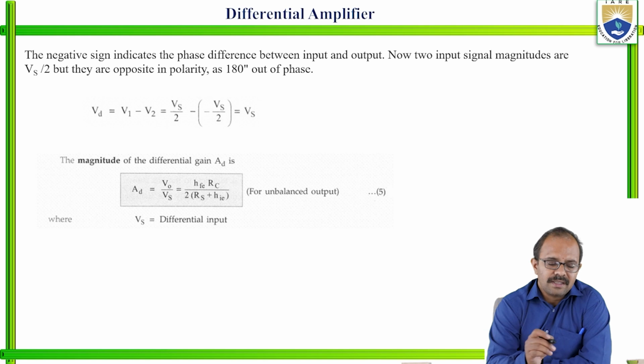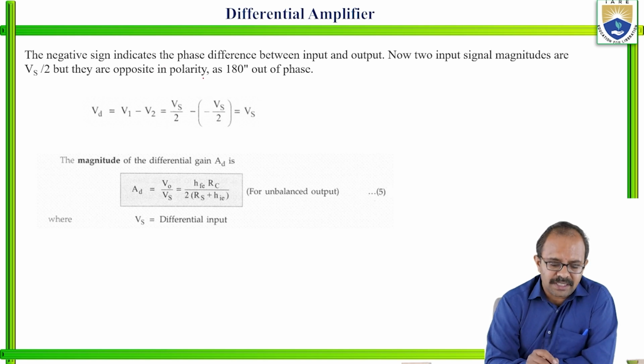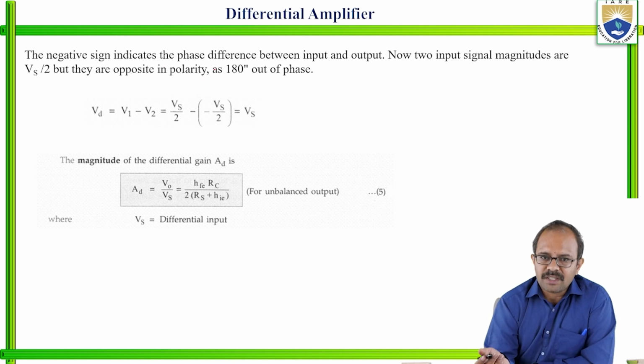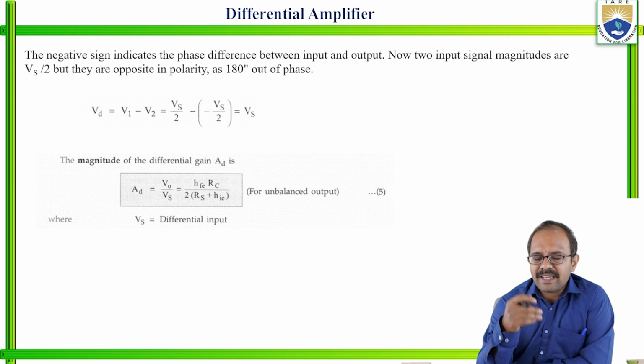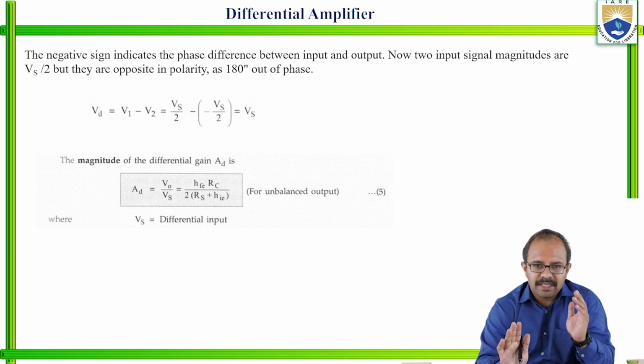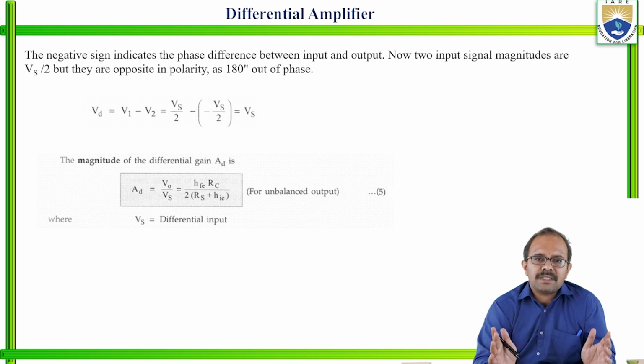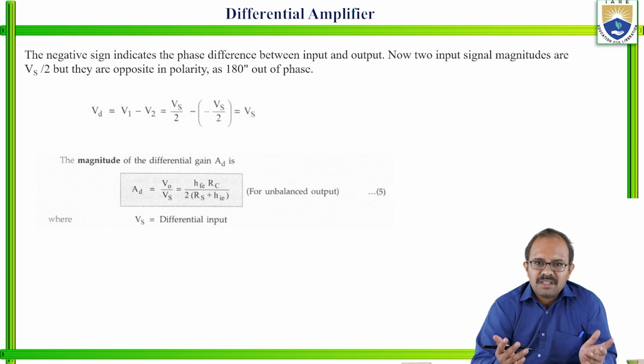Now see here, the negative sign in the expression indicates there is a phase difference. That's what we said in the very beginning. In any circuit expression, if you find a minus sign, a negative sign, that indicates the LHS parameter and RHS parameter are in phase shift. Generally, minus represents a 180-degree phase shift.